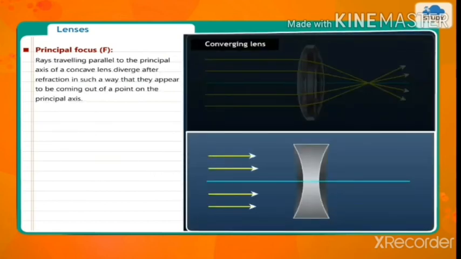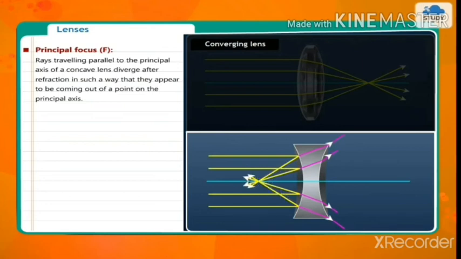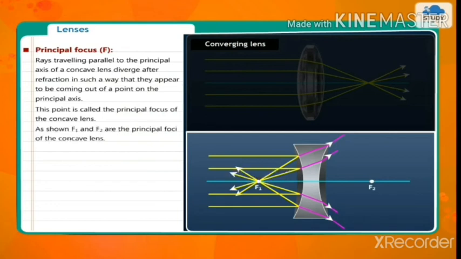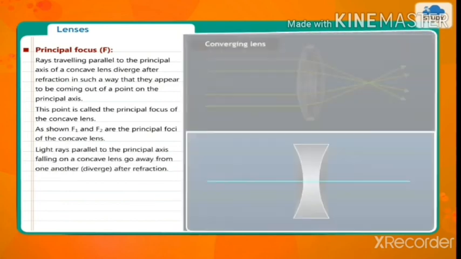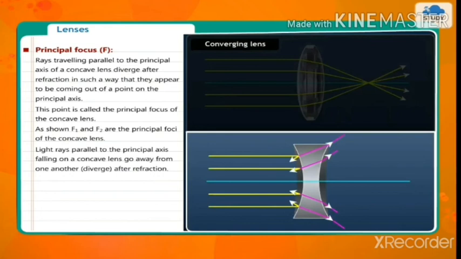Rays traveling parallel to the principal axis of a concave lens diverge after refraction in such a way that they appear to be coming out of a point on the principal axis.